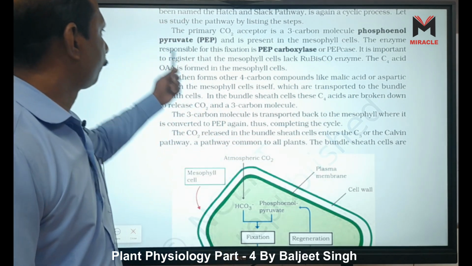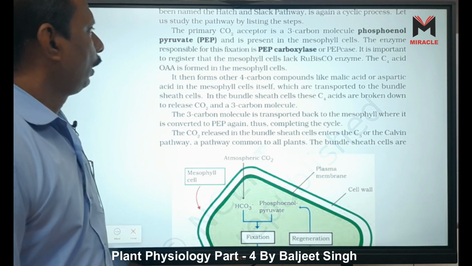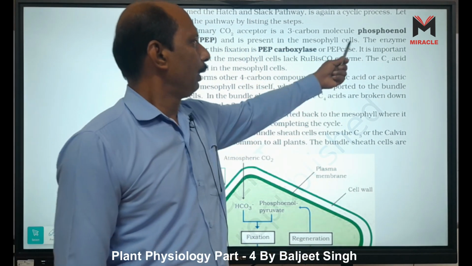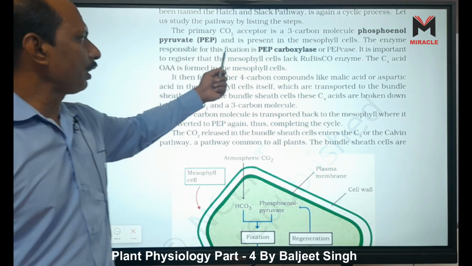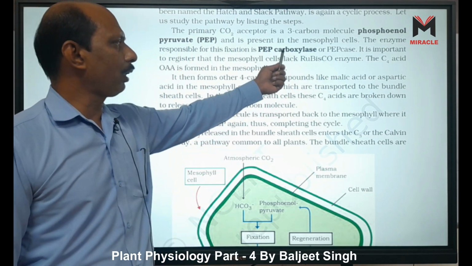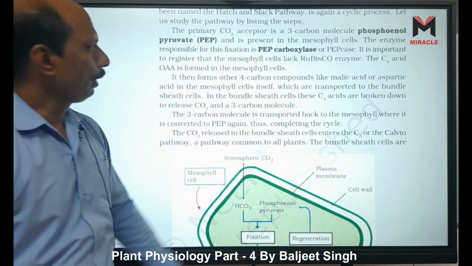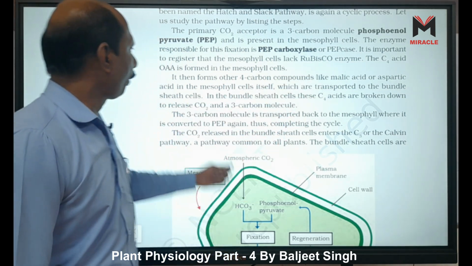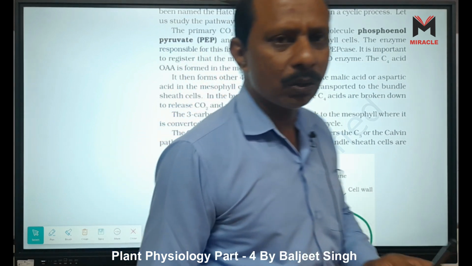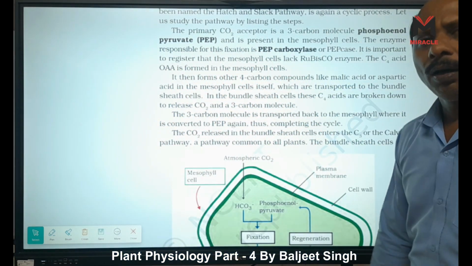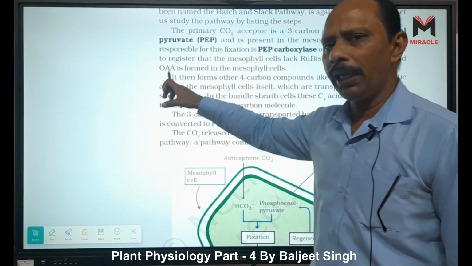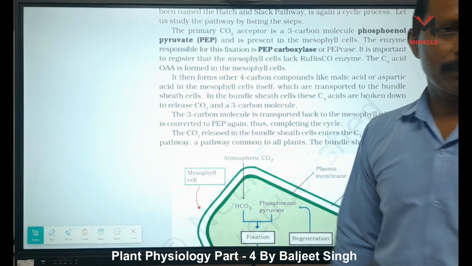Carboxylase, PEPcase, is present in the mesophyll cell. Rubisco is absent. The enzyme responsible for this fixation is PEP carboxylase, meaning phosphoenol pyruvate carboxylase, or PEPcase. It is important to register that the mesophyll cell lacks Rubisco, and that's why photorespiration is absent here. The C4 acid OAA is formed in the mesophyll cells, right?